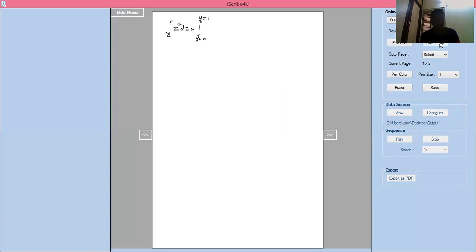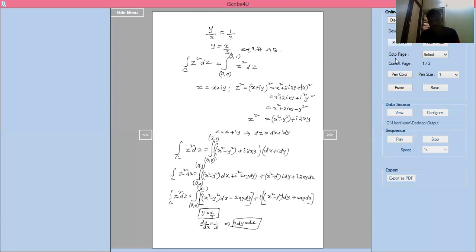Here, in the previous sheet, we were substituting x squared minus y squared. We know that y equals x by 3, so otherwise x equals 3y, which we can also write.